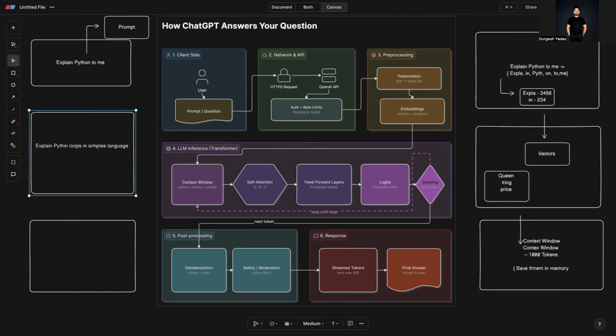At this point of time, after embeddings are done and the context window is planned, the transformer, the brain of AI, will try to do something which is known as self-attention. Let's take an example. If it got this particular question, the model will realize something like this: Python is important.